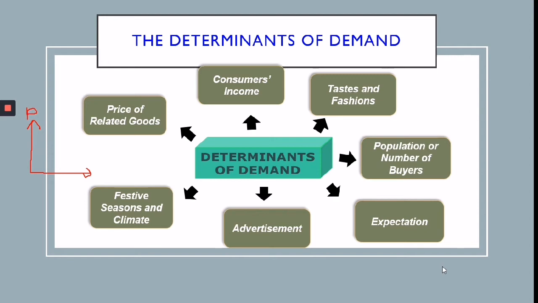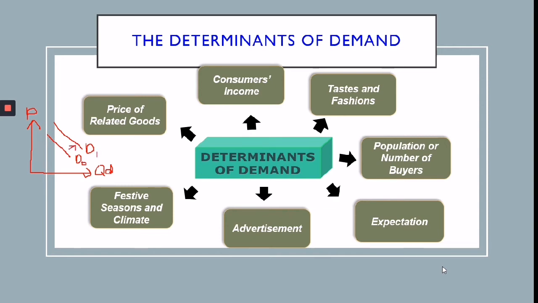Here we have price and quantity demanded. Initially, the demand curve for tea is at D0. But because people have substituted coffee with tea, the demand curve will shift rightward to D1.